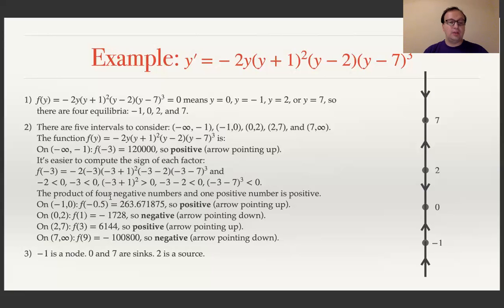The product of 4 negative numbers and 1 positive number is positive, because negative times negative is positive. So in general, if we have an even number of negative factors, then the product is positive.